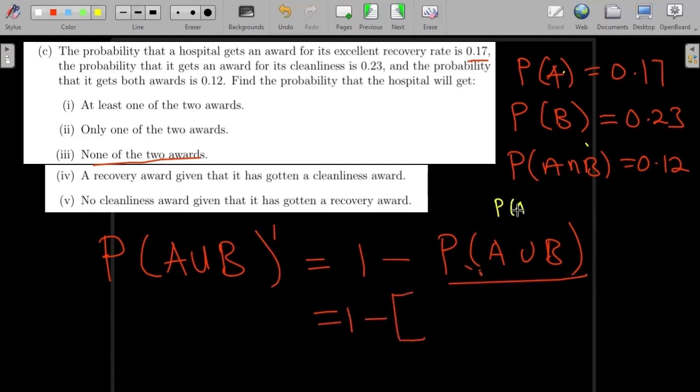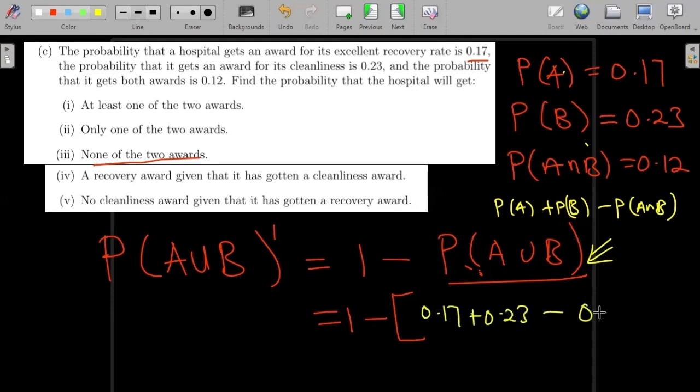We said it was the probability of A plus the probability of B minus the probability of A intersection B. That's what we said this union is. So the probability of A plus the probability of B minus 0.12 like that.